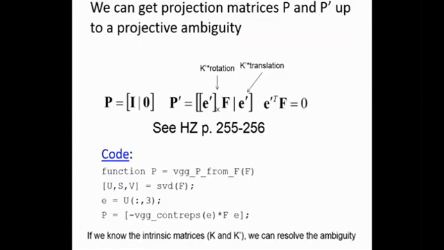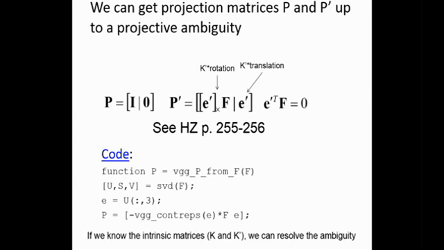And then if we know the intrinsic matrices, then we can resolve the ambiguity. If we're given a matrix F, we'll usually say that the projection matrix of the first image is just identity for rotation and 0 for translation. And then we can solve for a projection matrix of the second image, but it's going to have some projective ambiguity, which means that we can multiply all the 3D points by some matrix, and then post-multiply our projection matrix by that inverse.